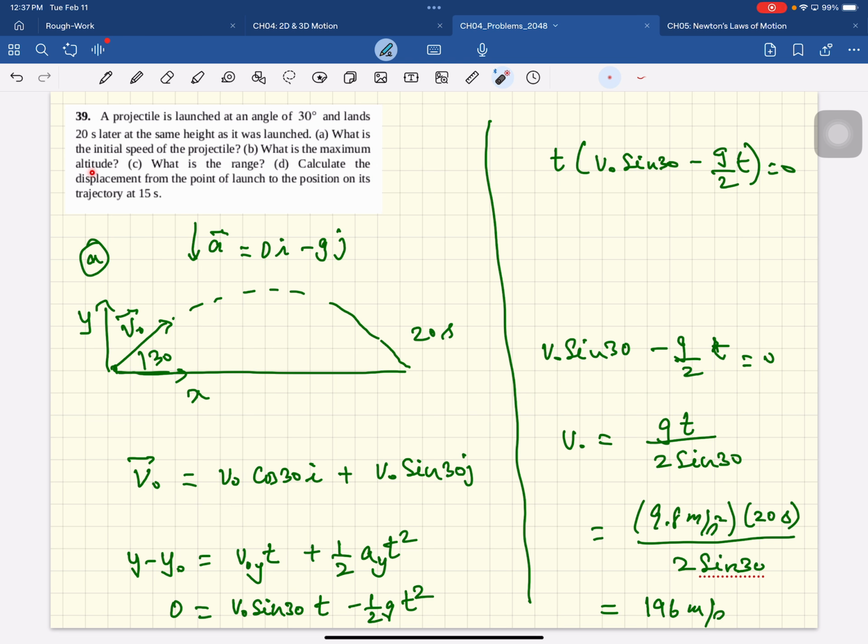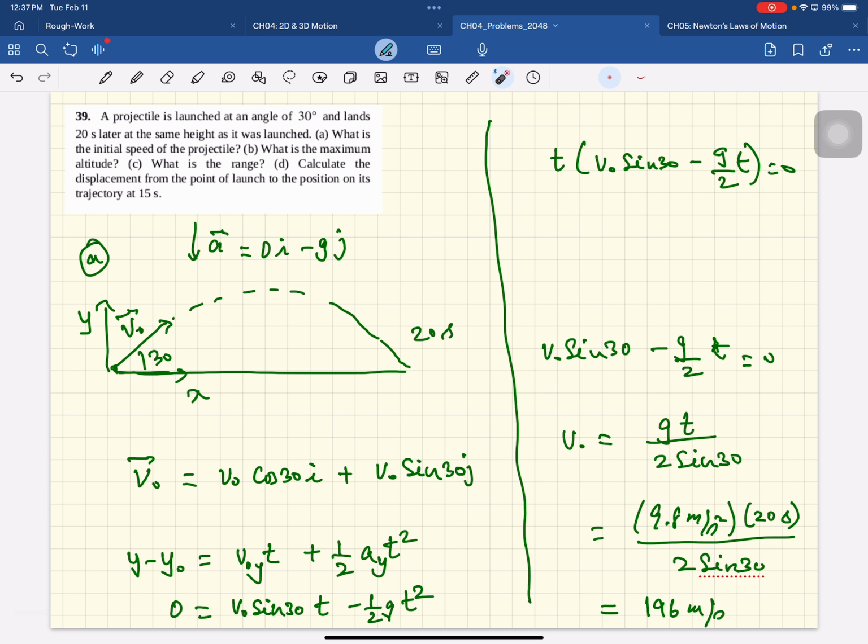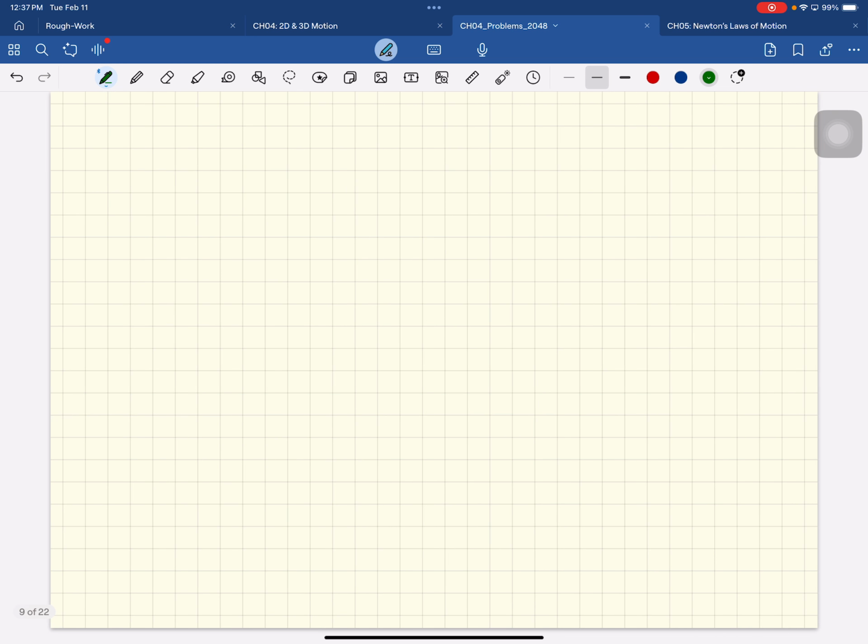All right, what is the maximum altitude it reaches? They're asking you for this height h. And you can look up the formula: h is v naught sine theta squared over 2g.